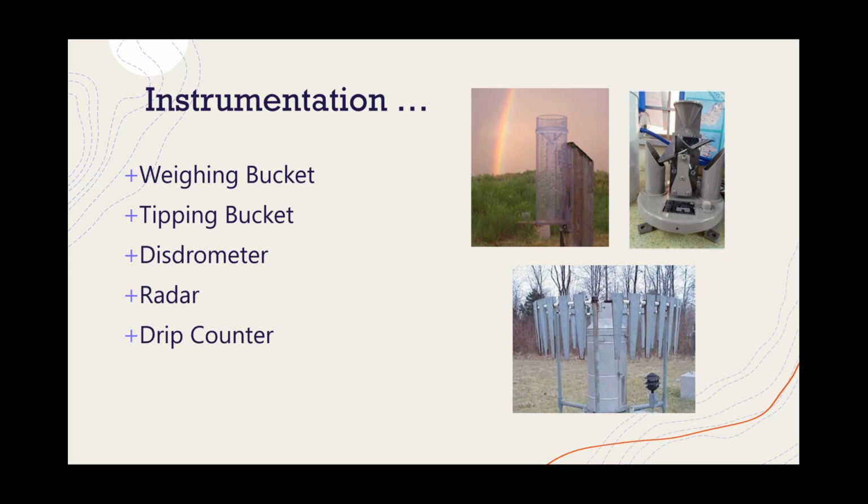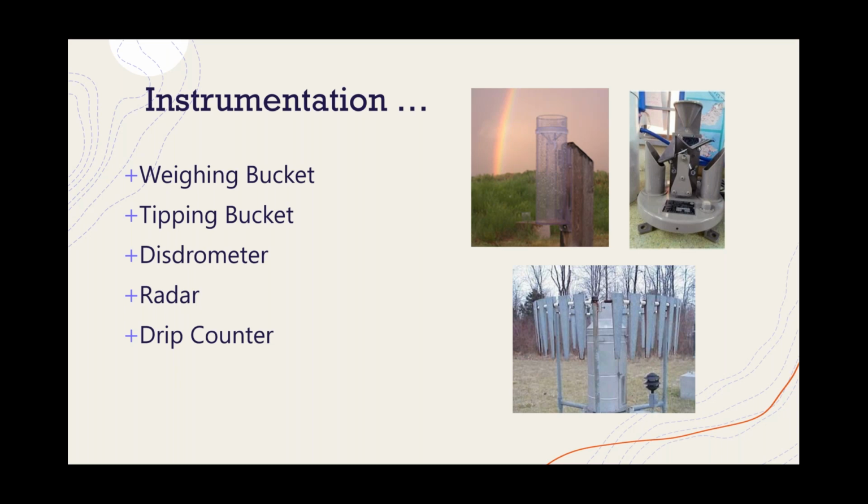Instrumentation for measuring precipitation. I've listed 4 here that are common. There are others, different technologies out there now looking at different ways of measuring precipitation. But these are 4 of probably the more common ones right now: the weighing bucket, the tipping bucket, and each has its pros and cons.